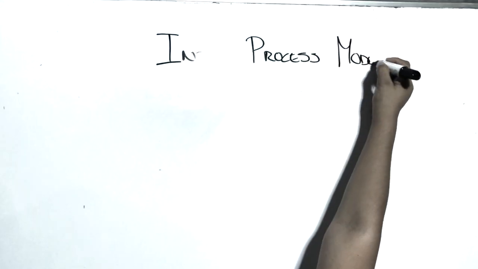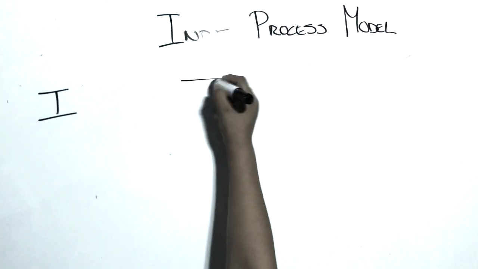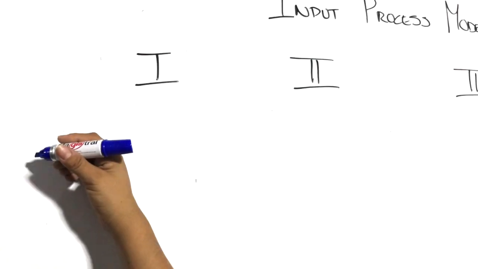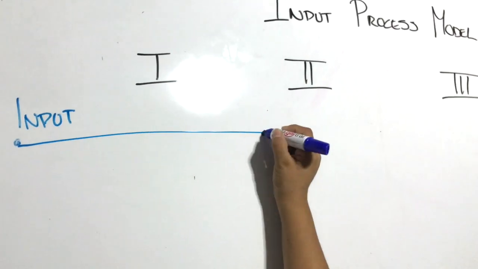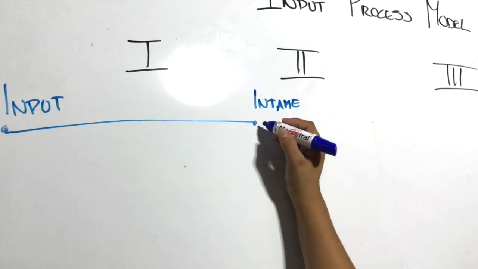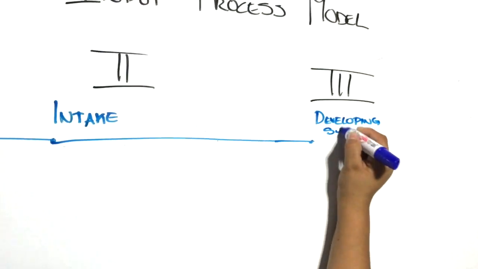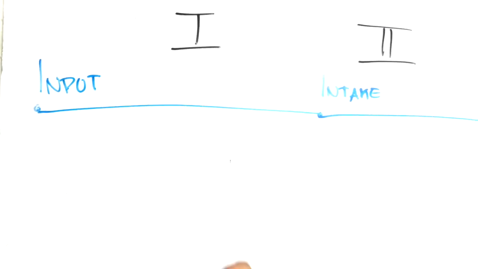The input process model is a model that has three phases. The first one is from the input to intake. Then we have the second phase from intake to the developing system, and the third one from the developing system to output.